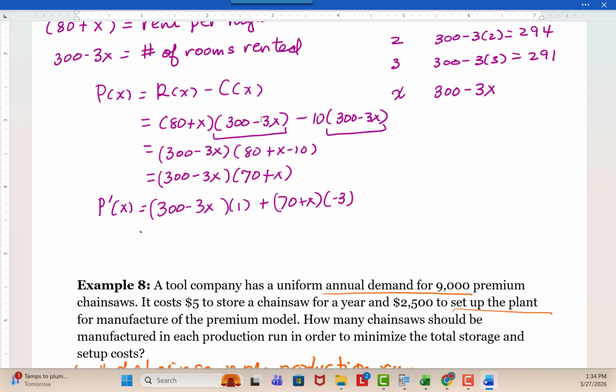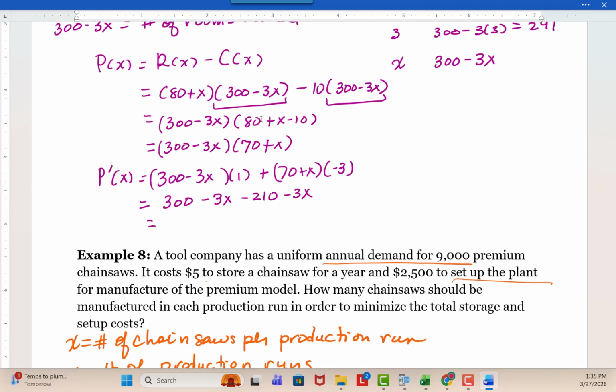Okay, so we'll simplify that. 300 minus 3x, let's write it out, plus, or rather minus 210 minus 3x. Okay, so we get 90 minus 6x.